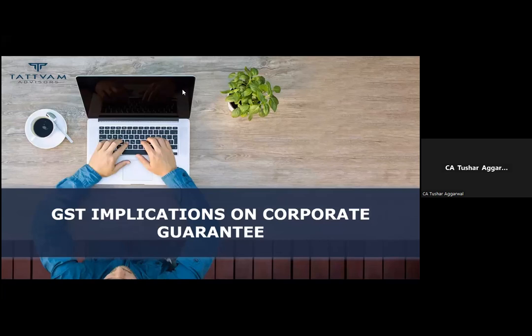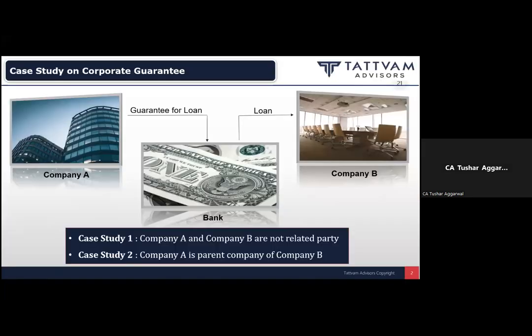Another important issue being raised by the department is on corporate guarantee. Again, DGI Ahmedabad, DGI Chandigarh, DGI Gurgaon, many anti-evasion units have issued multiple notices and investigations have started on GST on corporate guarantee. Practically, a subsidiary company is taking a loan, but they don't have the requisite financials.